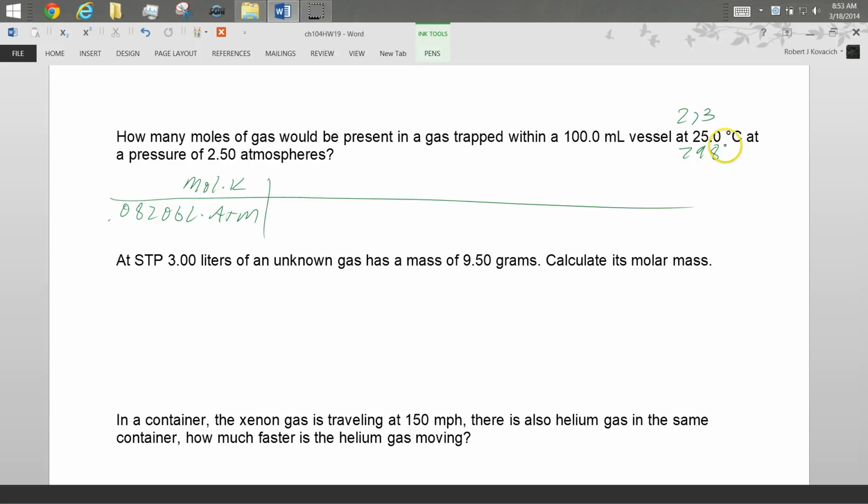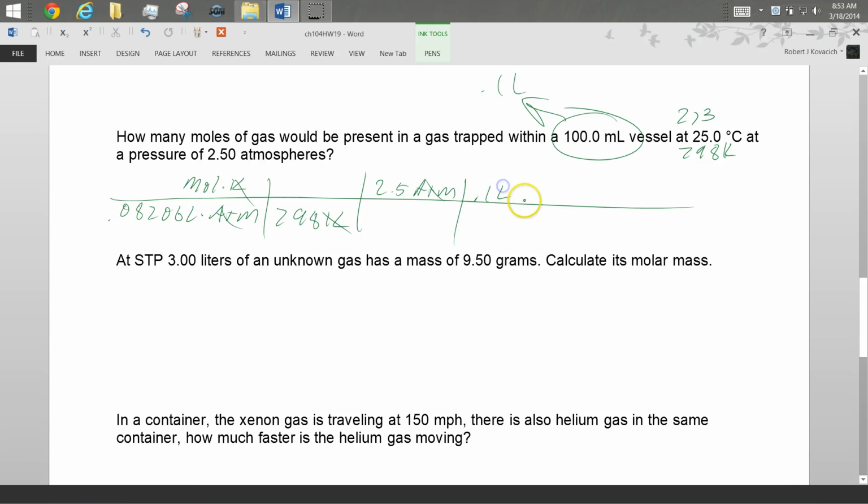So we already did a calculation for temperature, so I'll put 298 K here and cancel out the K. I've got an atmosphere number, so I'll put 2.5 atmospheres here and cancel out the atmosphere. I can take this thing right here and just turn that into 0.1 liters if I move the decimal place over 3 spots. So I'll put 0.1 liters here, and then the liter unit cancels out. And see what we get.